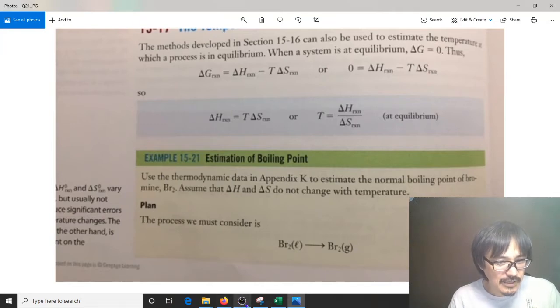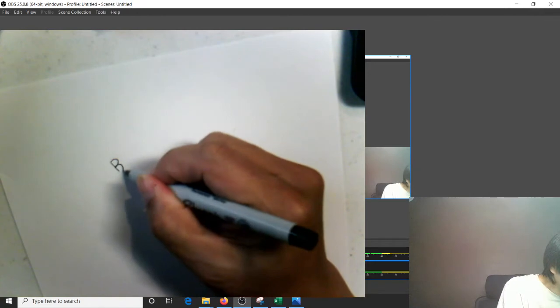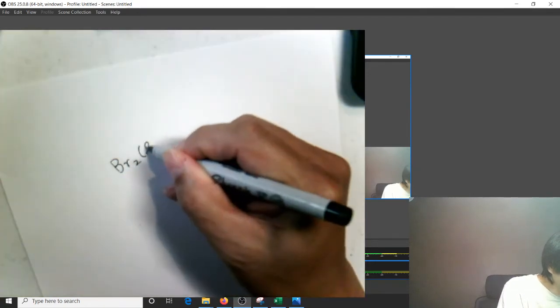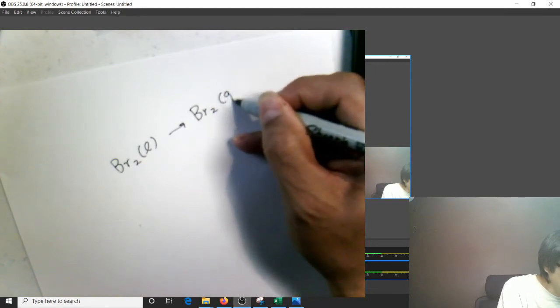So let me start writing this out on the page. Bromine liquid going to bromine gas, right?